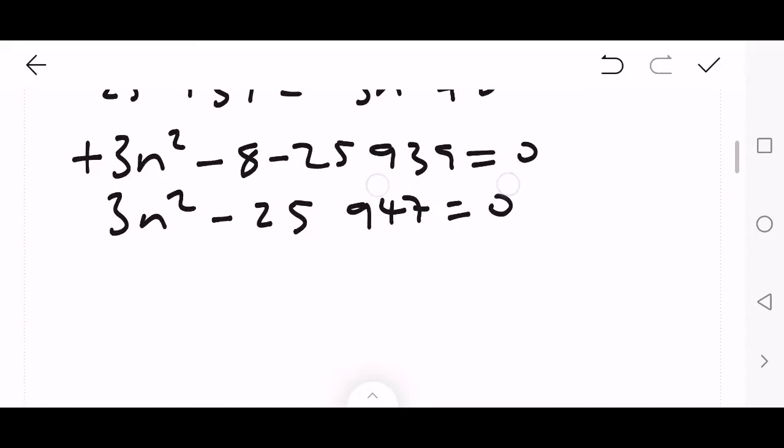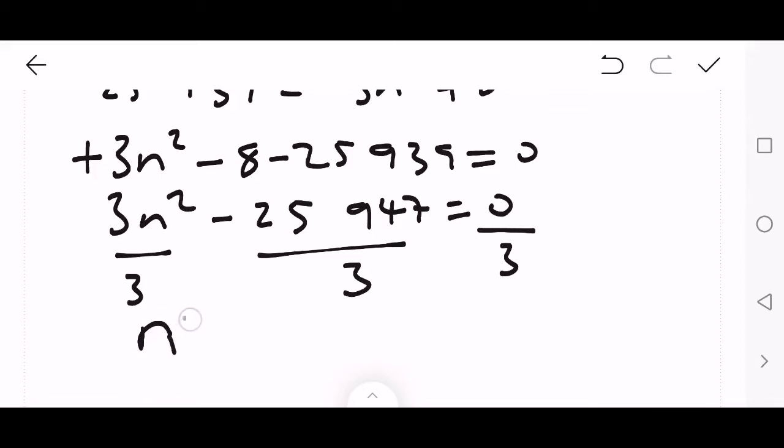So now to get rid of the 3, we just need to divide by 3 throughout the equation. So we'll have n squared minus 8,649 equals 0.